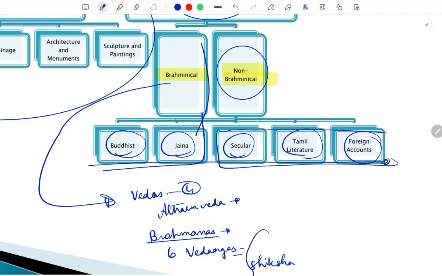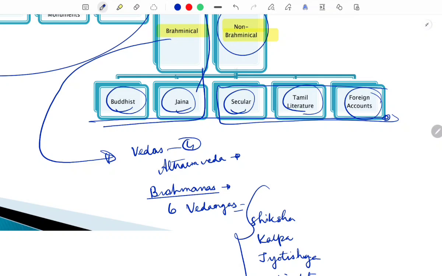While categorizing like that, it is very difficult to treat the foreign accounts and the Tamil accounts, as the main context of those texts is religious. It will be difficult to put those sources into a particular category. This is why I have categorized these sources into Brahminical and non-Brahminical. This is the easiest way for me.